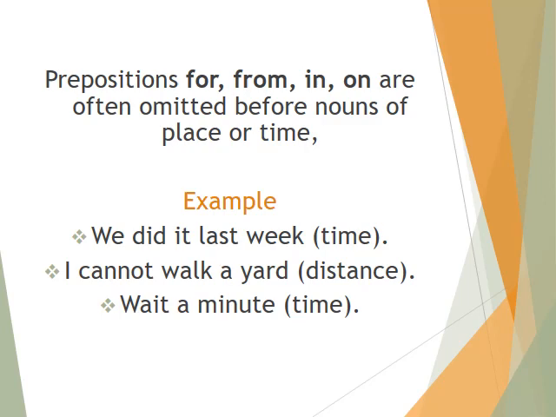I cannot walk a yard. So instead of saying I cannot walk for a yard, we have removed the preposition here. Wait a minute. Similarly, in this sentence, instead of saying wait for a minute, we say wait a minute.